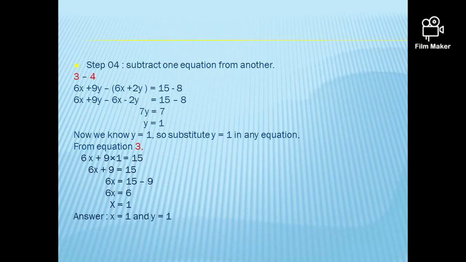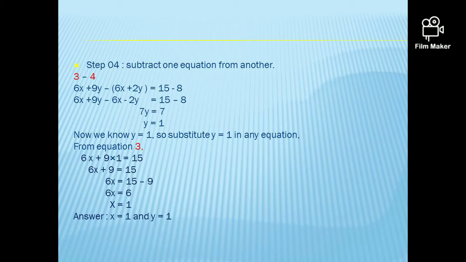Next step: now you have isolated the two equations, labeled 3 and 4, then subtract one equation from the other. It doesn't matter whether you subtract 3 from 4 or 4 from 3. The only thing is to verify the operation here is subtraction.